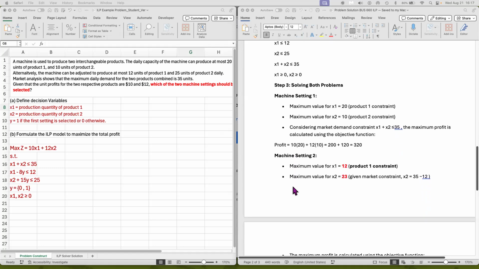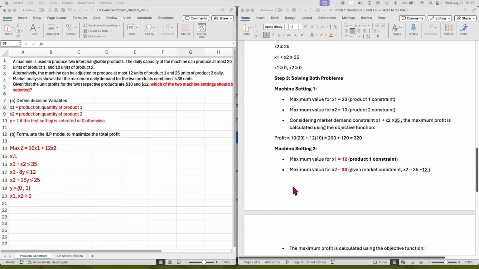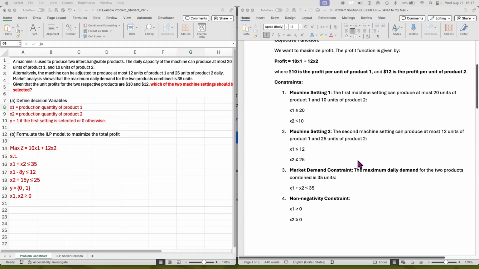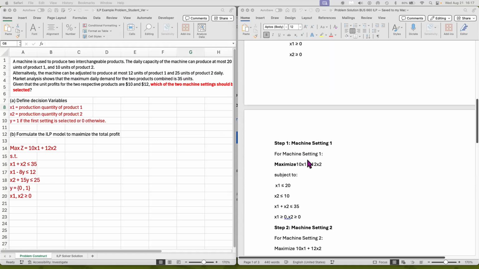But we'll see that it makes perfect sense, because with machine 2, the maximum value for x1 is 12. Why is the maximum value for x1 12? Because if we look here, the machine can be adjusted to produce 12 units of product 1 and 25 units of product 2. That's where the 12 and 25 come from.